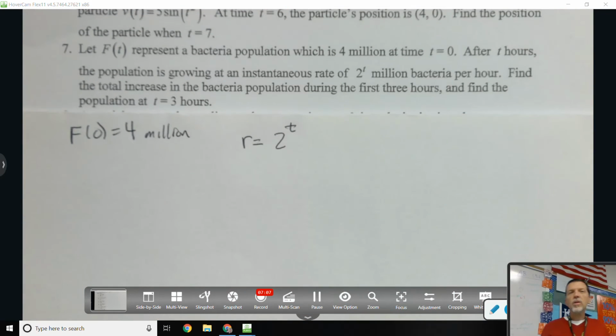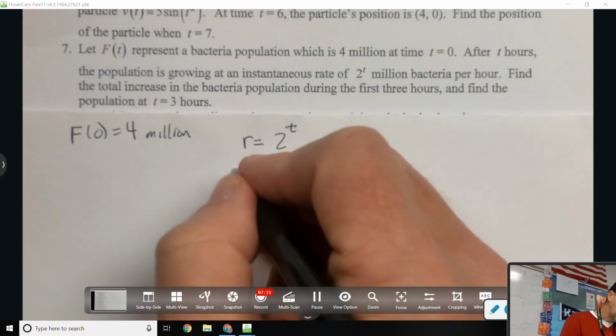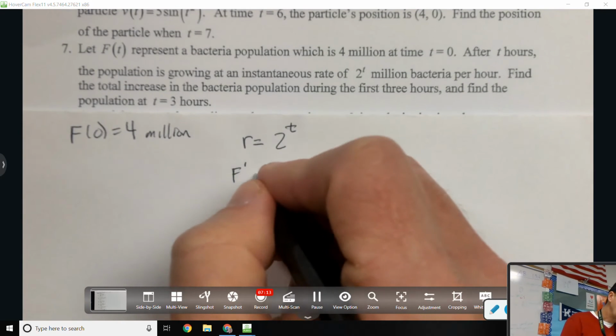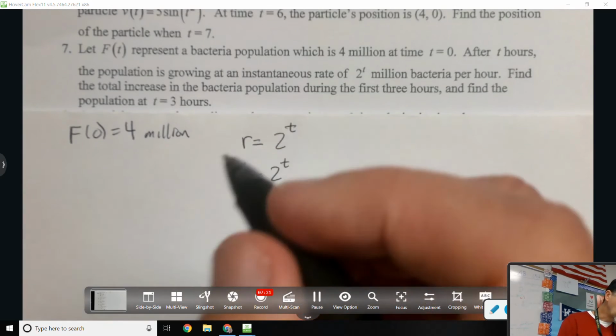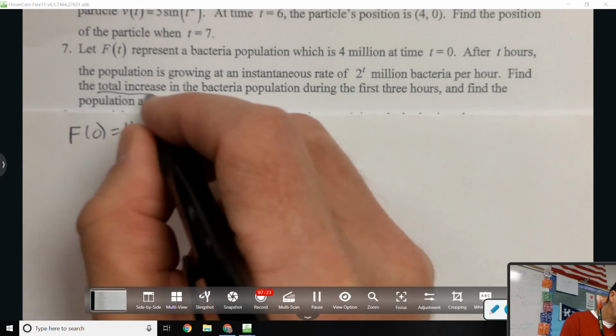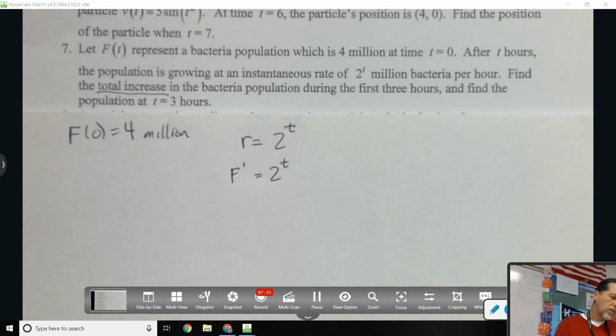So that's rate. Rate is a derivative. So another way to say that is F prime is equal to 2 to the t. Rate means derivative. Find the total increase in the bacteria population during the first 3 hours and find the population at t equals 3.